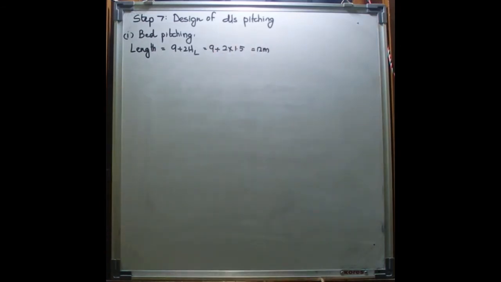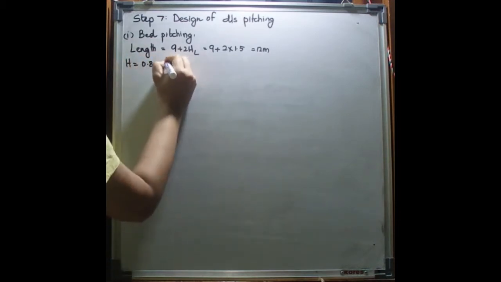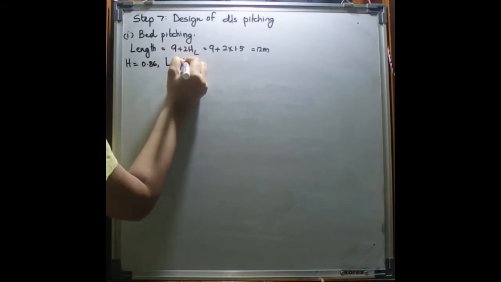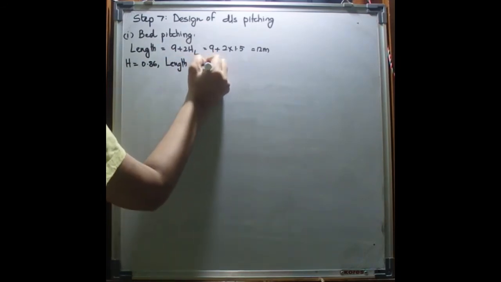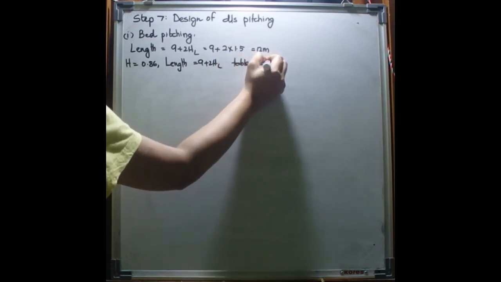There is a table 18.1 in your textbook. For H equal to 0.86, length will be 9 plus 2 HL from table 18.1.